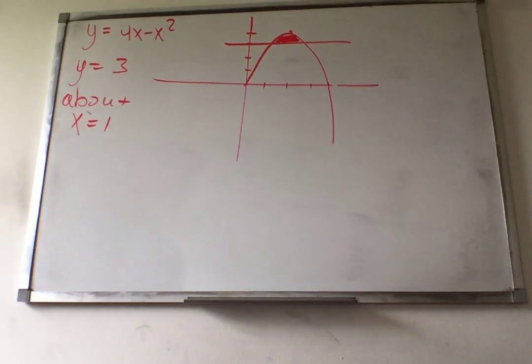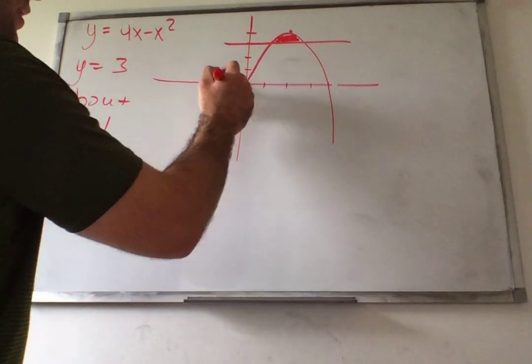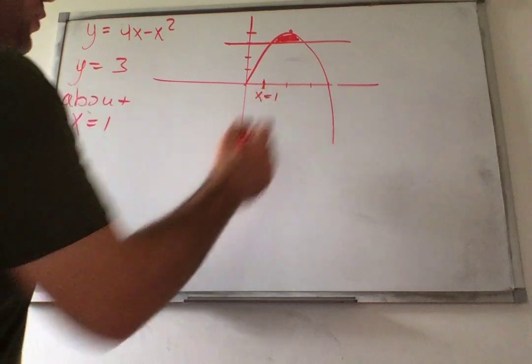We're revolving that little shaded piece right there about this line, x equals 1.